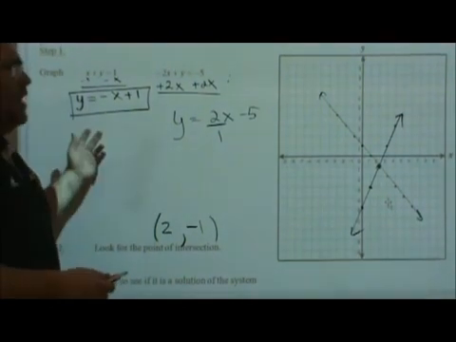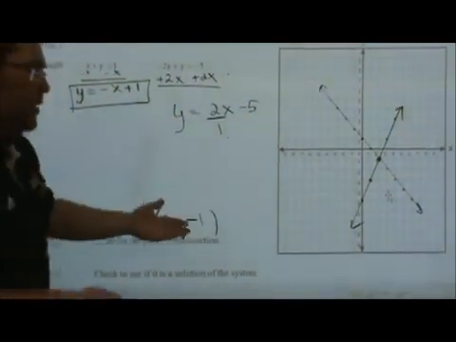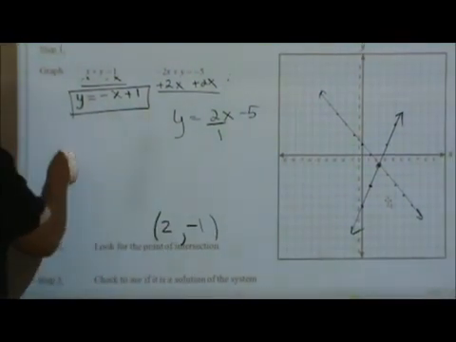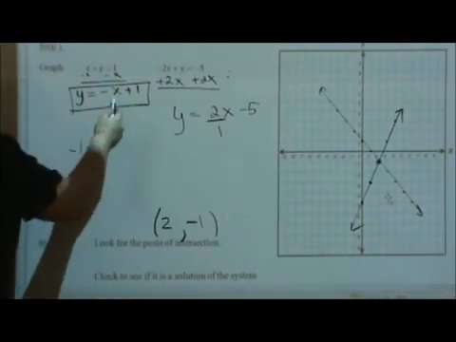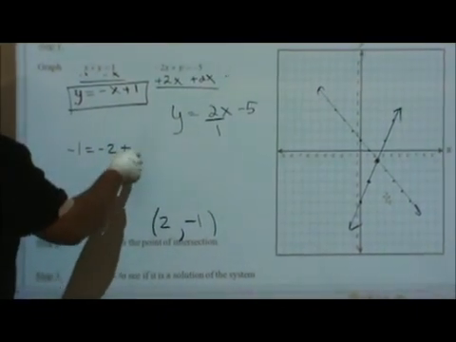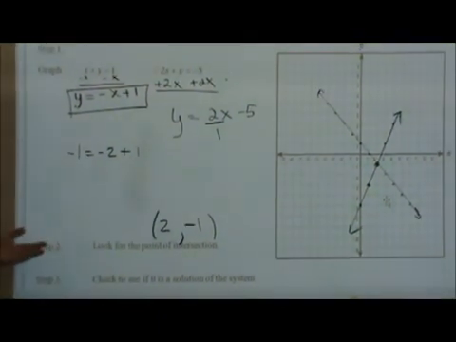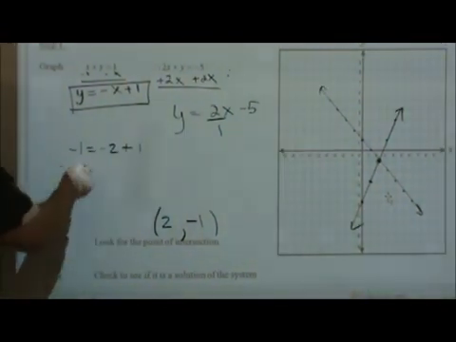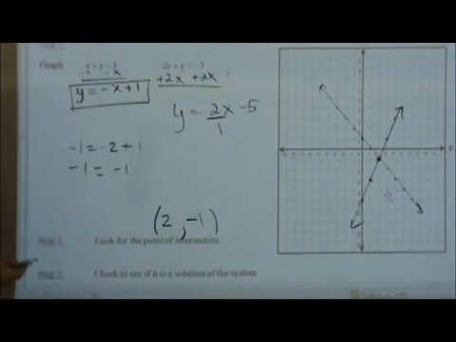For right now, I'll use the rewritten equations. So let's plug it in. Where I see y, I replace with my negative 1. Where I see x, I replace with my 2. And now we simplify. Is negative 2 plus 1 equal to negative 1? Well, would you look at that? It is.